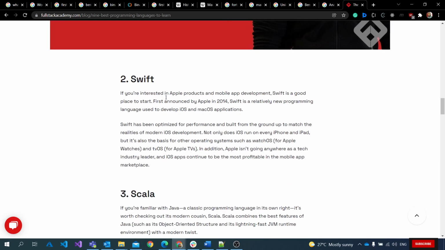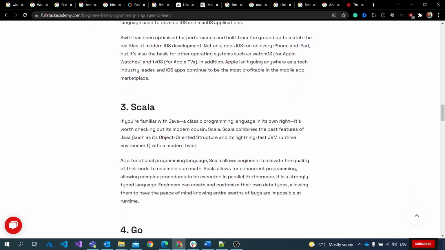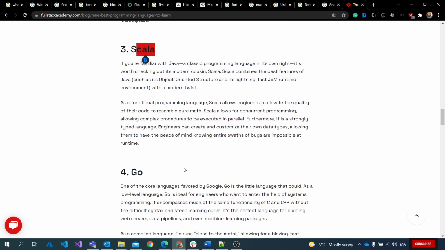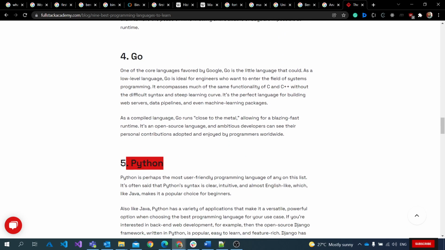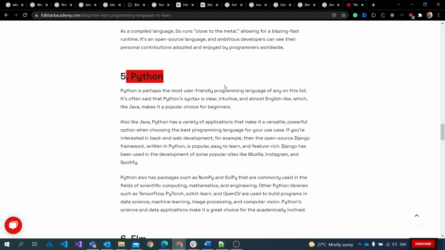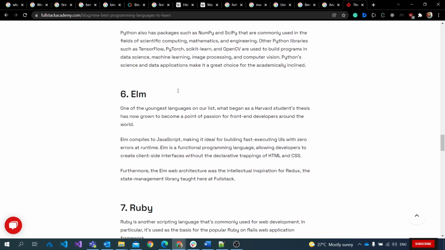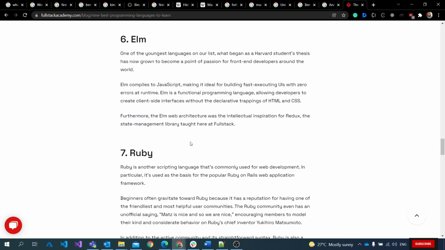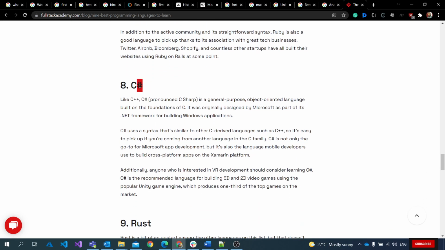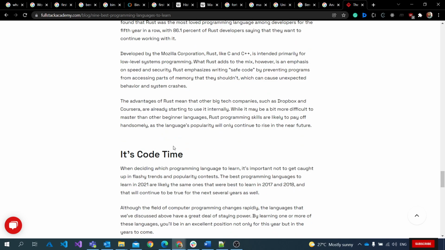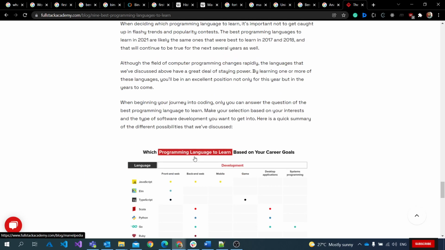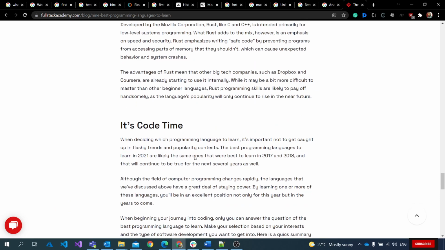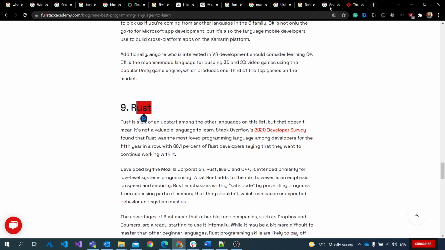So JavaScript, Swift, that's used to develop a lot of Apple products, Scala as well, Go, okay, cool, Python. If you want to do a lot of machine learning, it gives you a lot of tools or libraries to help you with that. Elm, Ruby, C Sharp there, Rust, good time.